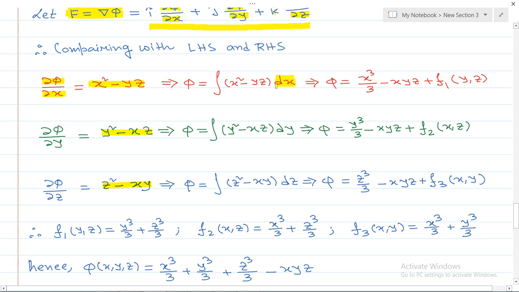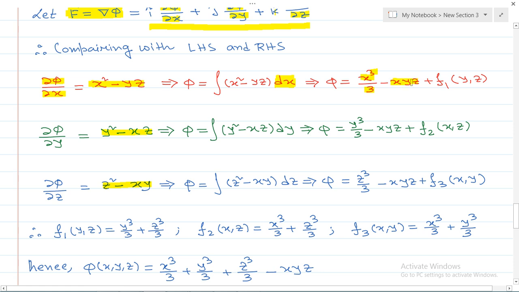Here we have to integrate partially with respect to x, treating other variables as constant. So y and z will be treated as a constant quantity. So integration of x square is x cube upon 3, and integration of yz equals x into yz, because yz is constant.